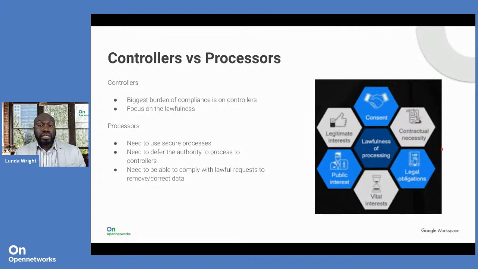The next one is contractual necessity. The easiest example of contractual necessity is when personal information needs to be disclosed in order to fulfill business obligations. And these include things like we need your name in order to sign a contract, like a master services agreement. We need your address. We might even need your identity number.